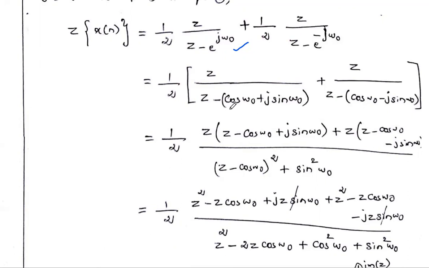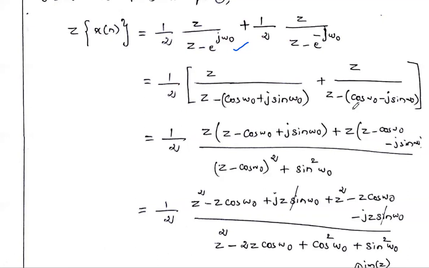Then from this, this term can be written as Z minus cos omega naught minus j sin omega naught, similarly Z minus cos omega naught plus j sin omega naught. If you take the LCM, in the denominator a plus b and a minus b is the structure, so we will get a squared minus b squared. j squared is minus 1, so we will get Z minus cos omega naught the whole squared plus sin squared omega naught.